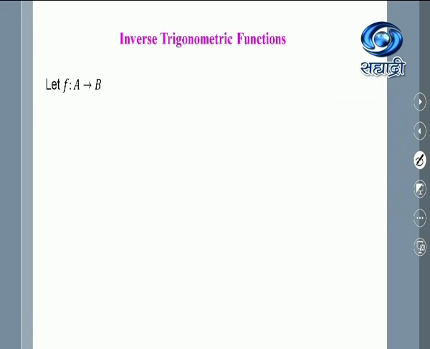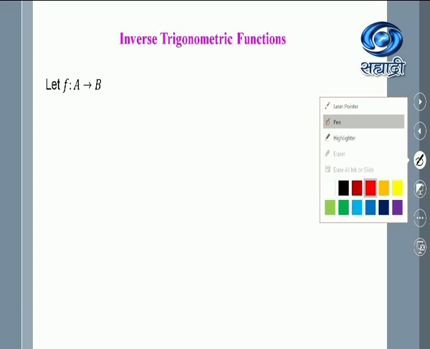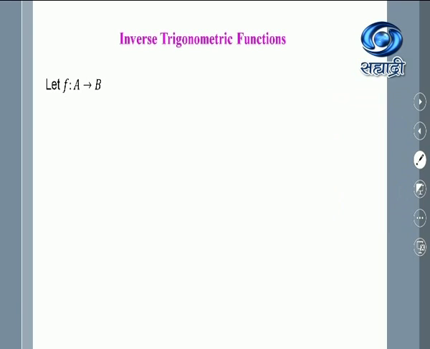Suppose the function is given from a to b. F is the function from a to b. This is the notation for the function, where a is the domain of the function and b is the codomain of the function. See, all these things we have done. The notation of the function, what is the meaning of the domain, what is the meaning of the range, what is the meaning of codomain, etc.